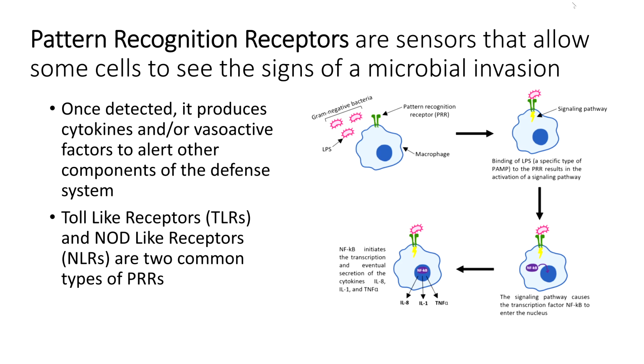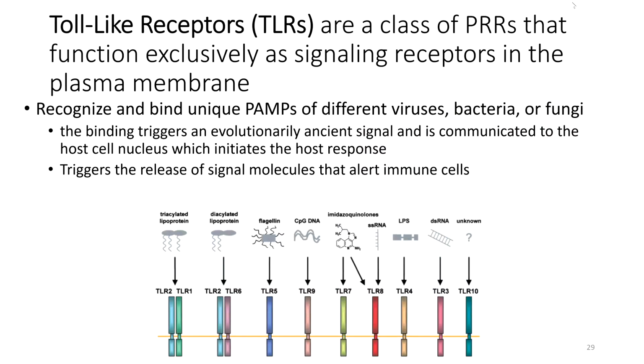Two common examples of the pattern recognition receptors are the toll-like receptors and the nod-like receptors. The toll-like receptors are just the specific class of these pattern recognition receptors that function exclusively in the plasma membrane. They'll recognize unique PAMPs or MAMPs of different viruses, bacteria, or fungi, and send a signal to the inside of the cell.